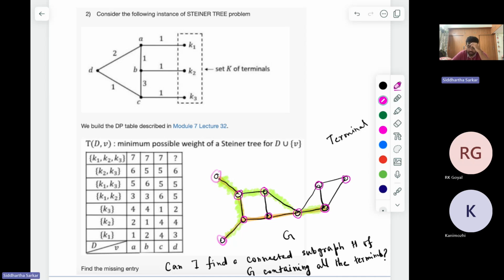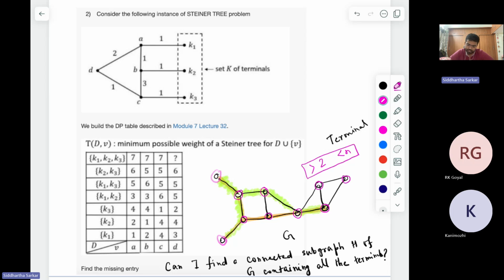But in general, when the number of terminals is greater than 2 but less than n, then the problem is no more polynomial time solvable. Then it becomes NP-hard. Although for 2 terminals and n terminals, we can find polynomial time algorithms.